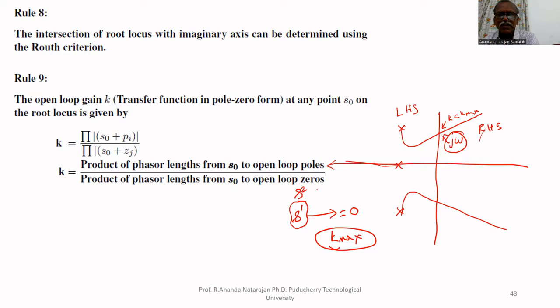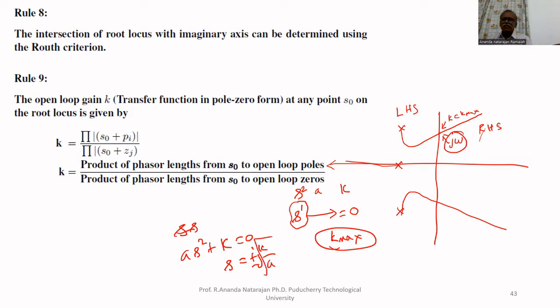Here, two elements will be there. It will be a function of, let us say, a and K. Therefore, you will get a s square plus K equal to 0. From that you can find s equal to plus or minus j square root of K by a.